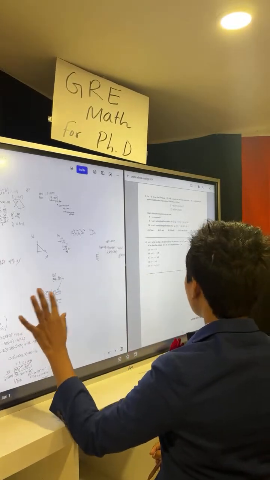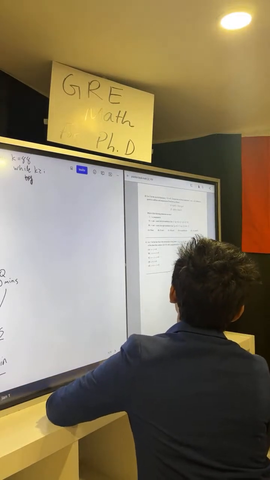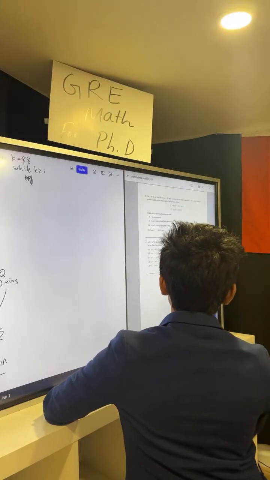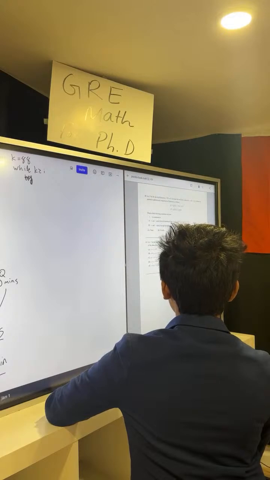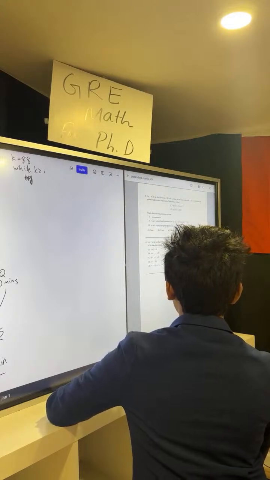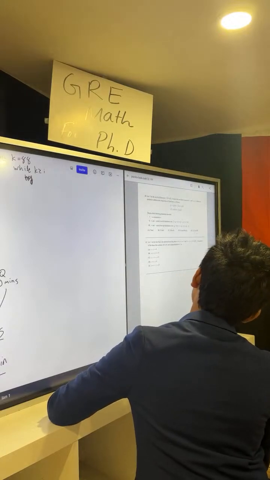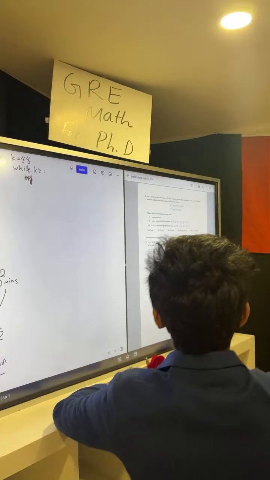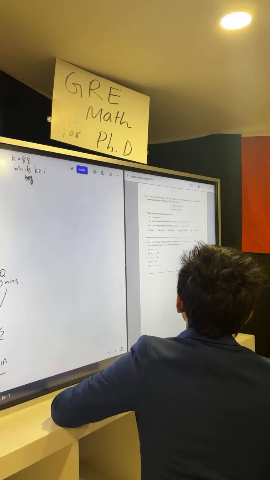Let L be the line that is the intersection of, oh boy, an equation of the plane that contains 0, 0, 0 and is perpendicular to L is... Okay, let's see. X plus y plus z is 3.